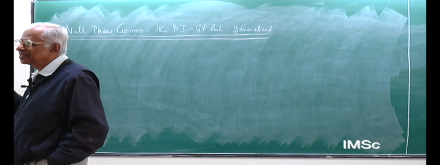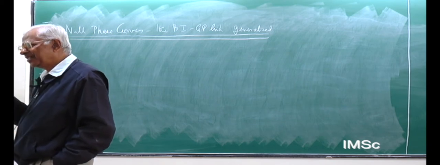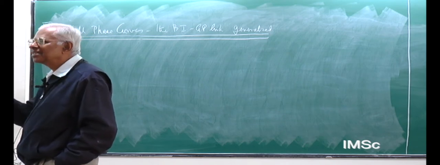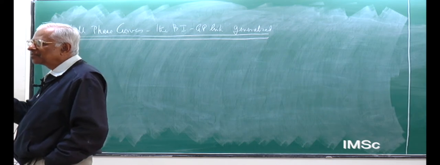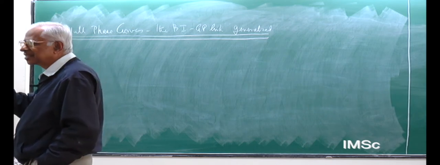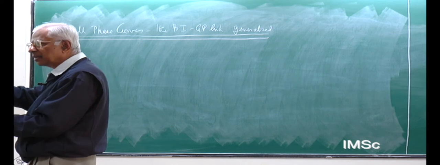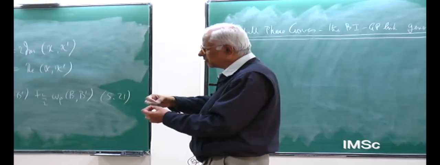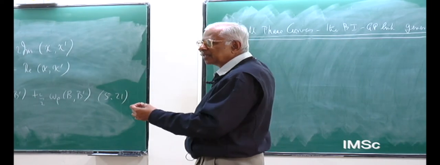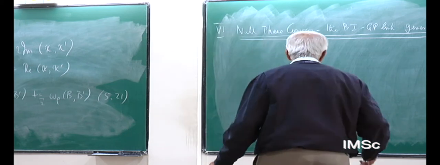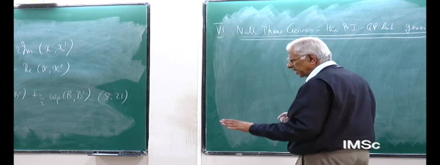Null phase curves and geodesics are the same. In 3 dimensions and more, there is a difference. Once you go to a Hilbert space of dimension at least 3, taking 2 general points in the ray space, there is only 1 geodesic, but infinitely many curves of this kind. So let me just quickly tell you what it is that they had done.